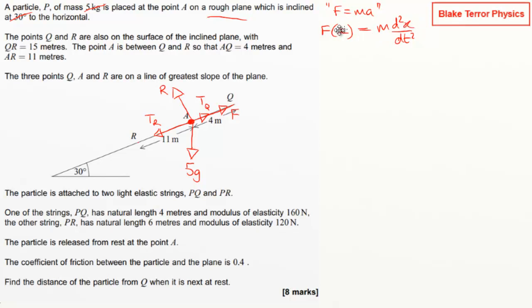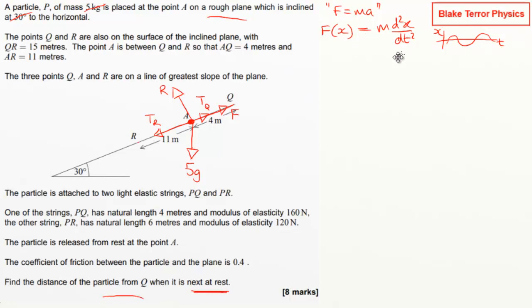If we solve this, it will give us an equation of x as a function of time. So it will really describe some kind of oscillation that's going on as our displacement time graph. And then, of course, we can work out velocity time and acceleration time and all things like that. But here, we just need to know when the particle is next at rest.